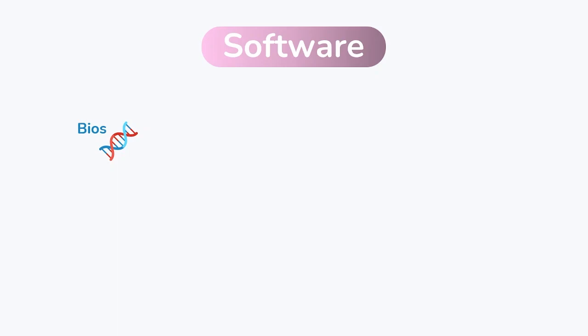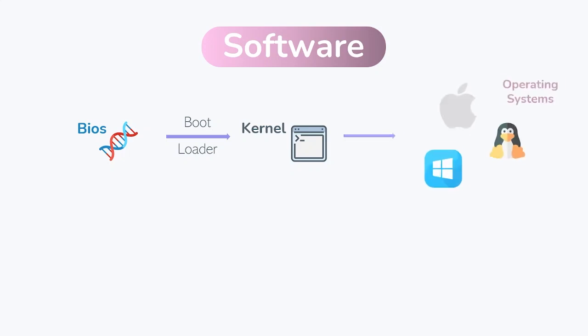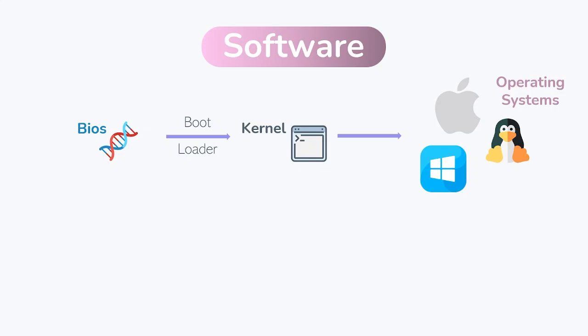It lets us boot the kernel with a bootloader. The kernel is the core of our operating system, and it needs to boot up first because it has all the syscalls necessary for the system to function. So when the kernel is booted up, we get our operating system.